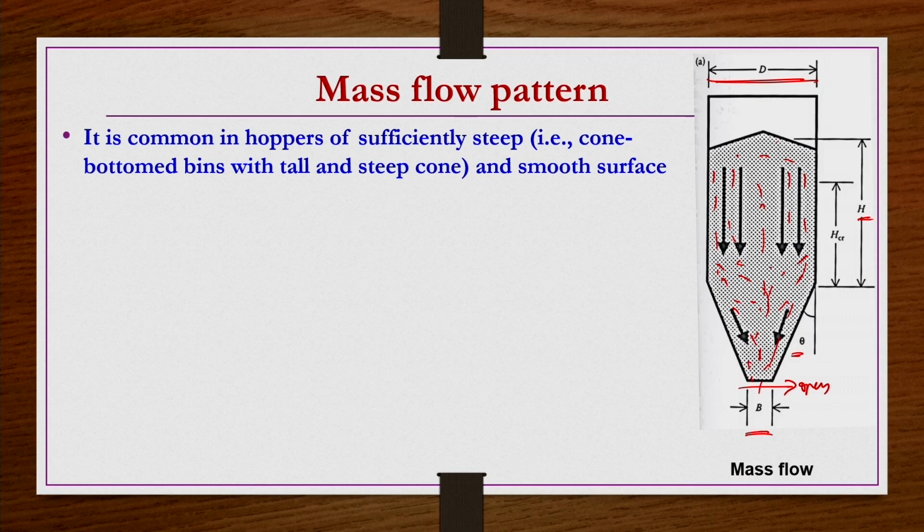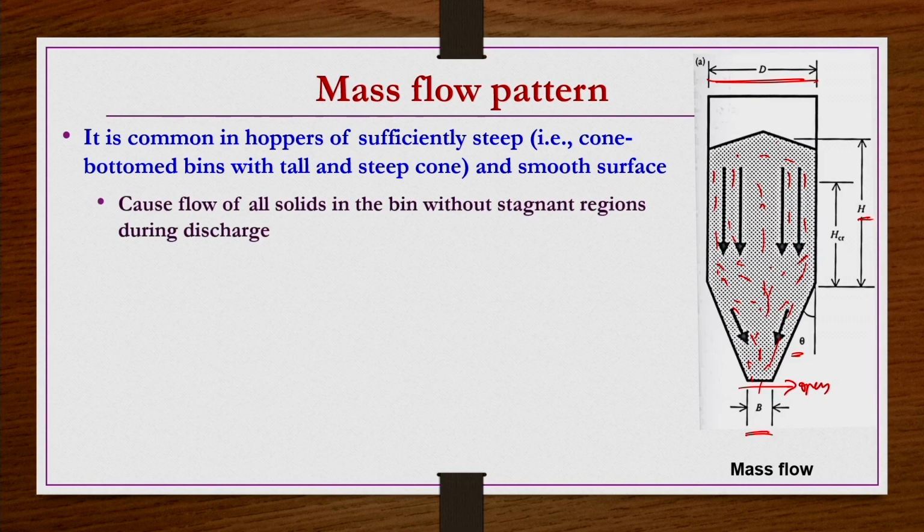Stagnation in the sense that sometimes some material may stick to a wall and bridging may also take place. Those kinds of problems are there in some other geometries, but when you have the mass flow pattern, they are not going to occur. So, they cause the flow of all solids in the bin without stagnant regions during the discharge.